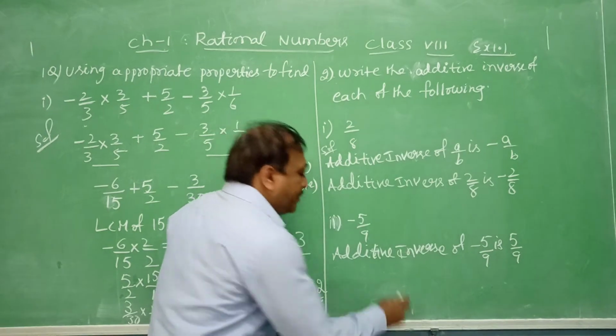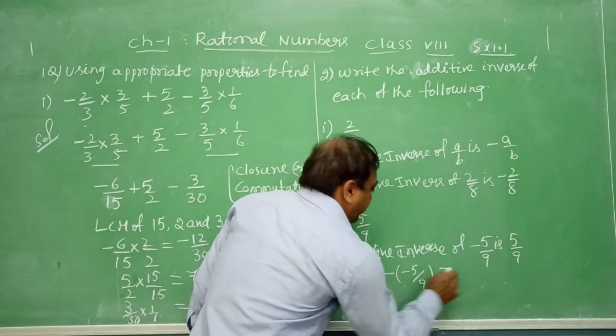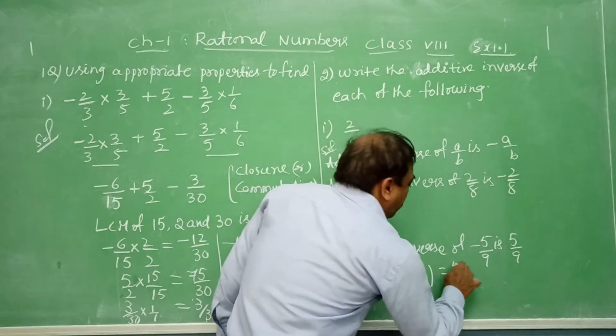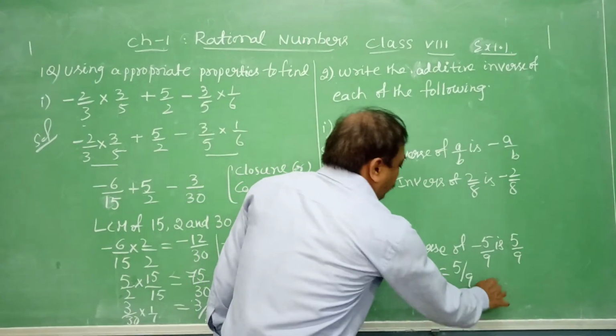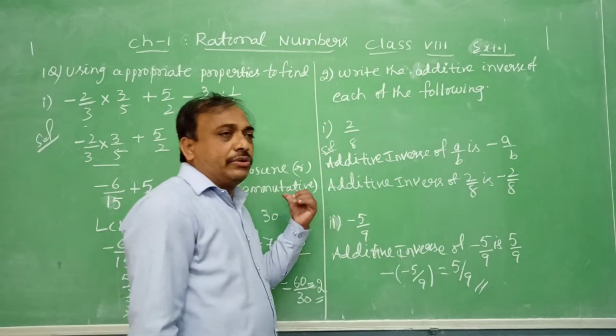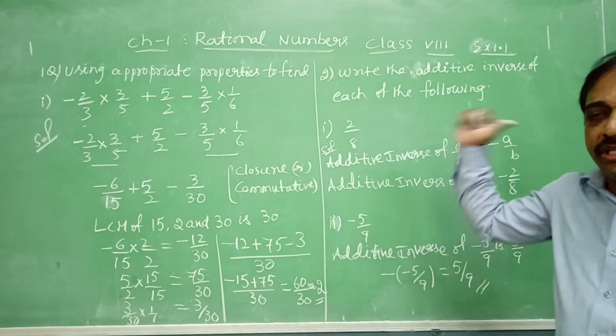How are we getting it? Minus of minus 5 by 9 will give you minus into minus, plus 5 by 9. This is how we find the additive inverse. Is it clear? I hope you understood.